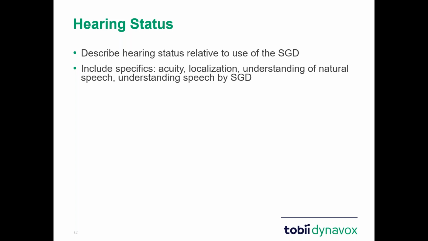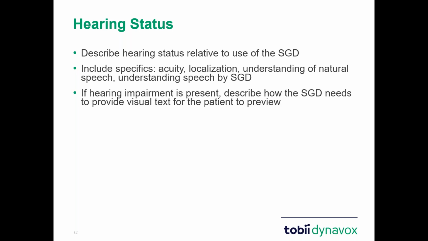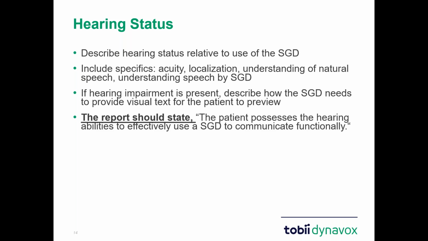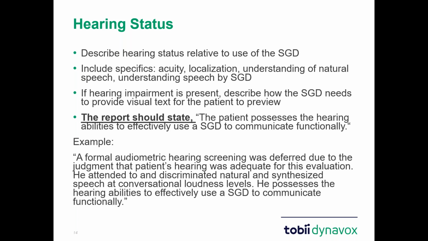So you'll talk about localization, understanding of natural speech, understanding speech by the SGD. If hearing impairment is present, describe how the SGD needs to provide visual text for the patient to preview. So if they need to have words to read on the screen, those types of things. And then the report should state the patient possesses the hearing abilities to effectively use an SGD to communicate functionally.